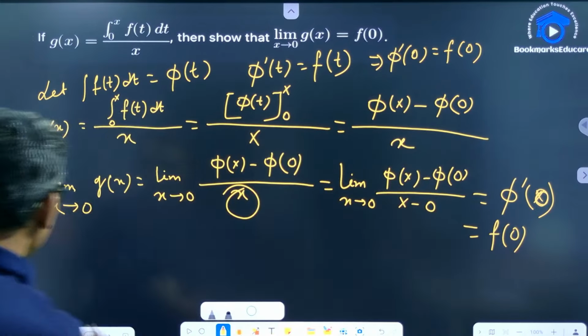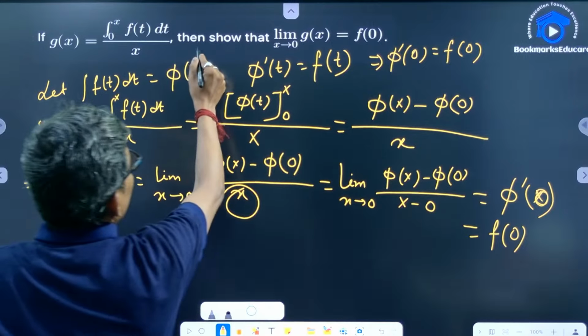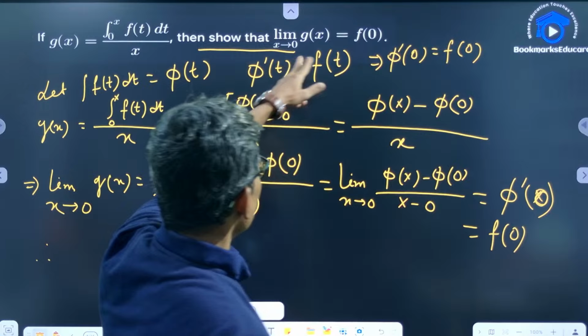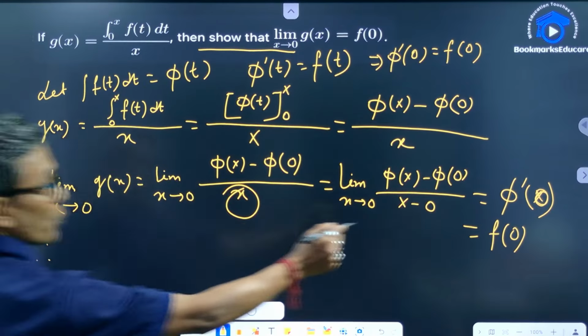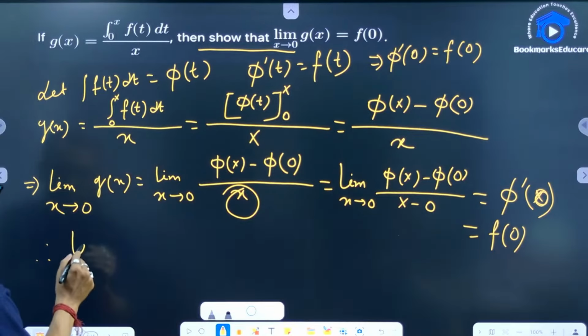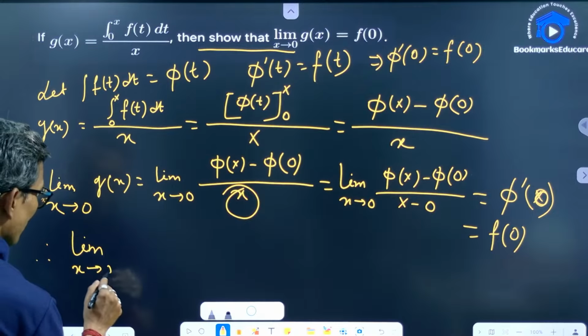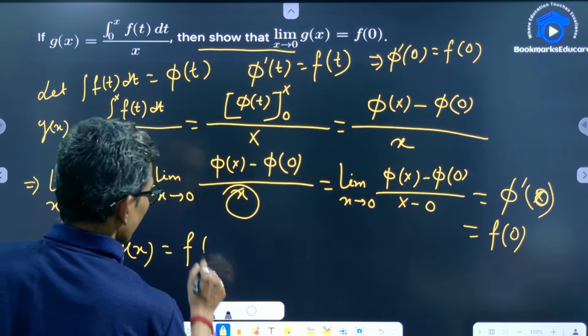So we have to show that limit x tends to 0 g of x is equal to f of 0. So hence it is proved. It is proved that limit x tends to 0 g of x is equal to f of 0.